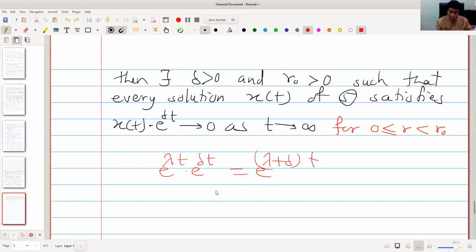So we are going to show that all the characteristic roots lambda satisfy real part of lambda is less than minus delta. So the real part of lambda plus delta will be negative, and then it has to go to 0.